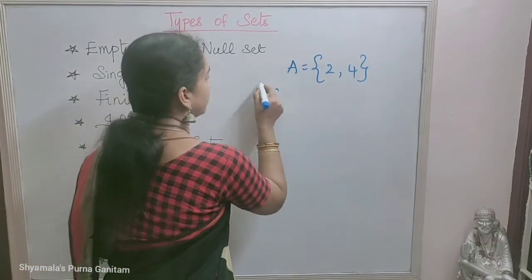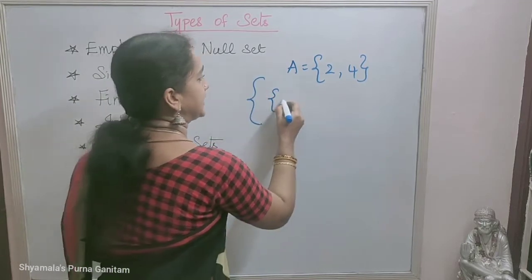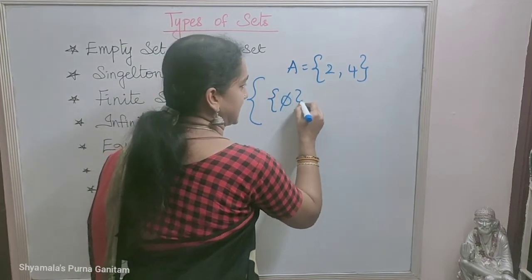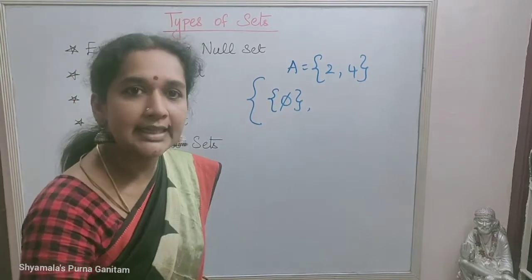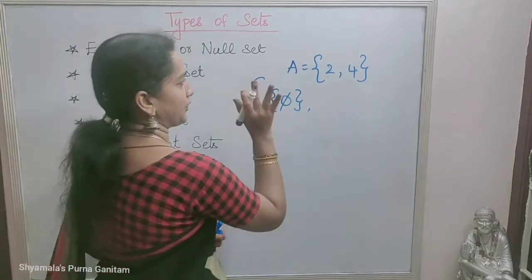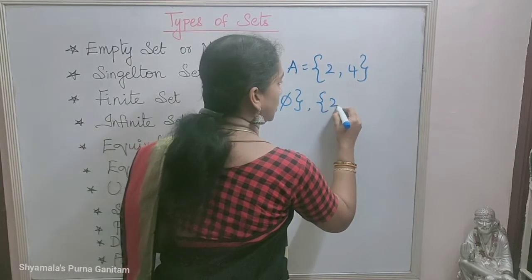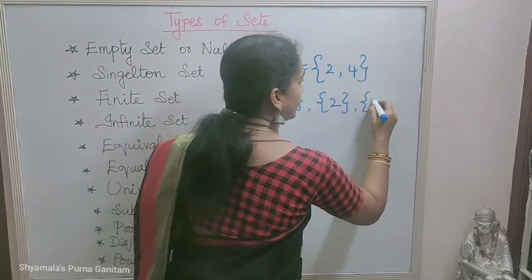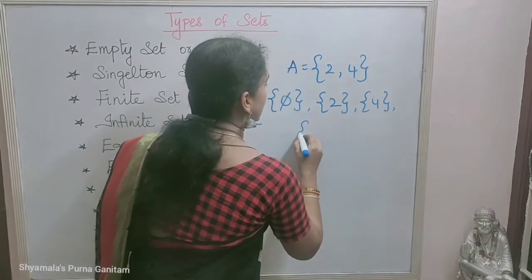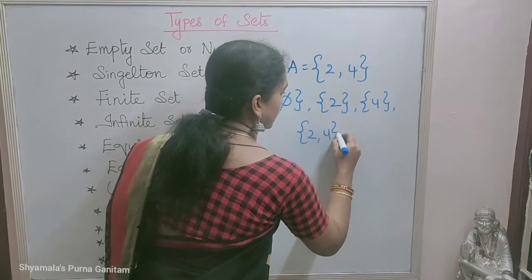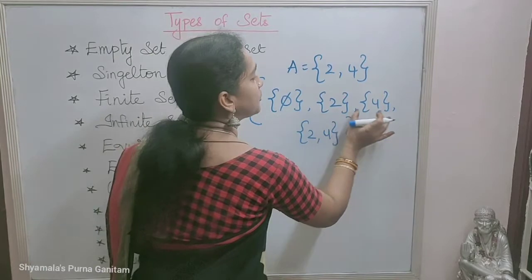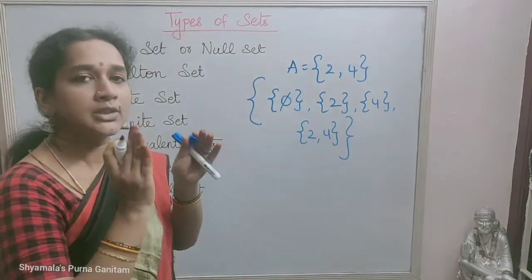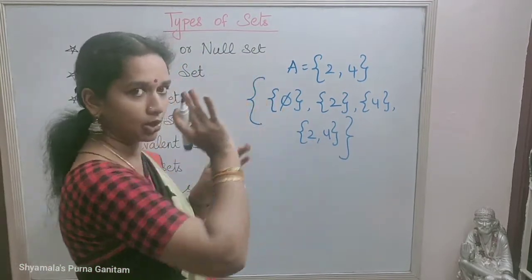We will write it inside the bracket. So first one is the null set, then 2, then 4, then 2, 4. If you write all these inside a set bracket, you will get 4 subsets. So this is called the power set of A.